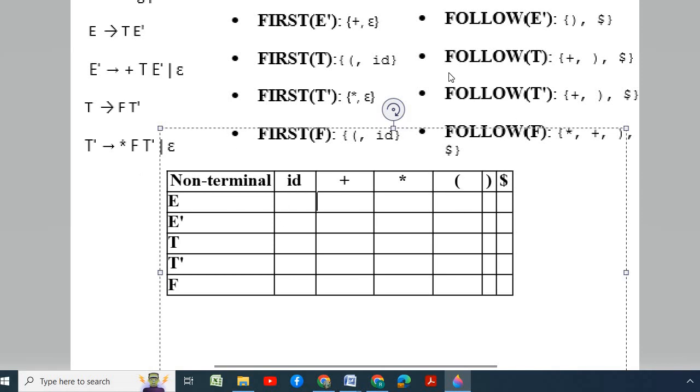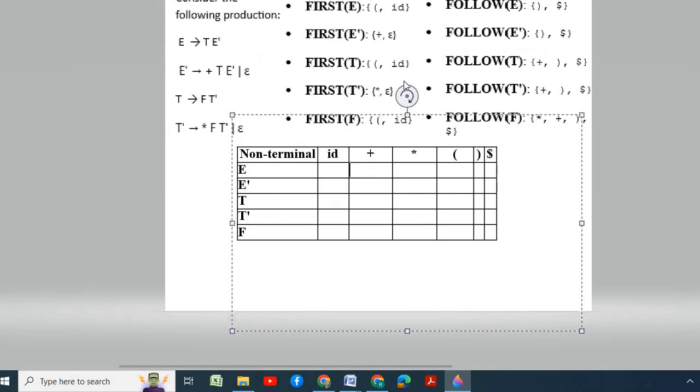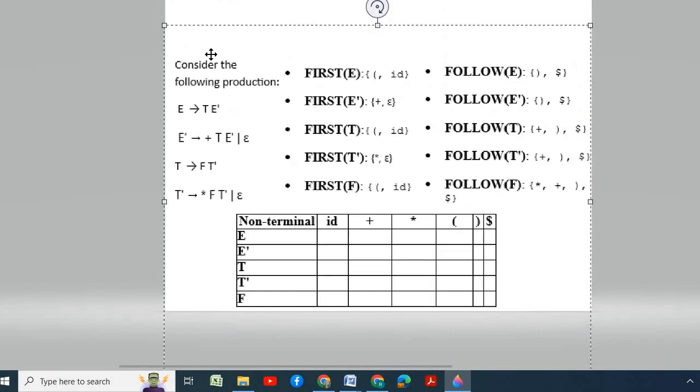Now let us construct the parsing table. So we have first and follow for the production. When we fill the table, we have to write the non-terminals in the column side and the terminals as a row, and in addition to that, we have to write dollar.